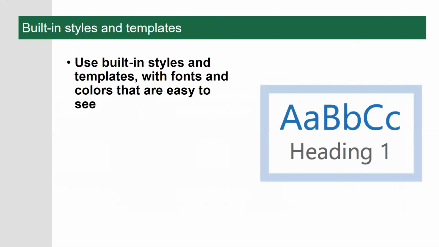So you can enhance the accessibility of your Office content by using built-in styles and templates with fonts and colors that are easy to see. And Microsoft offers a collection of templates that help you make your content accessible to everyone. And these templates use accessibility features provided by Windows and Office and have things like better color contrast, large font size, headings in logical format.